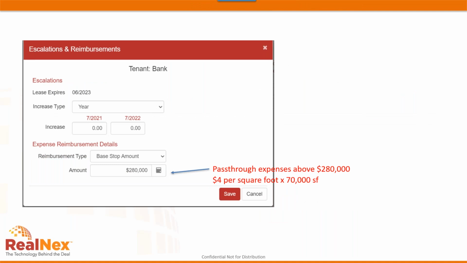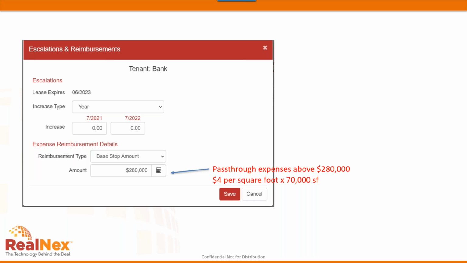So you can, for each individual tenant, look at any escalations and reimbursements from the expenses. In this case, we don't have any escalations occurring until the lease renews, but you could have. So in this case, in 21 and 22, we could have an increase in the rents.